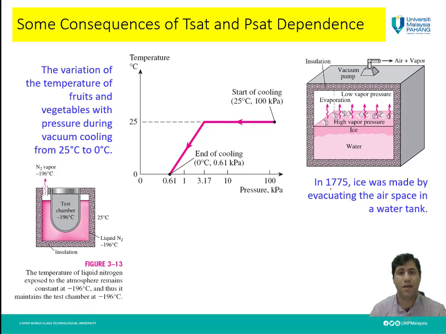In 1775, ice was made by evacuating the airspace in a water tank. You can see here, by creating a vacuum chamber, putting the water in that vacuum chamber, and removing the air, they produce ice from the water. This is one way to produce ice.